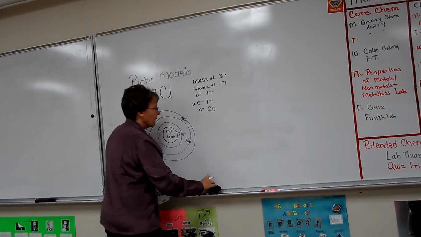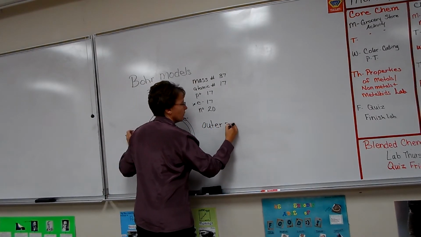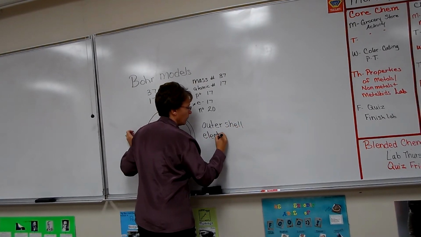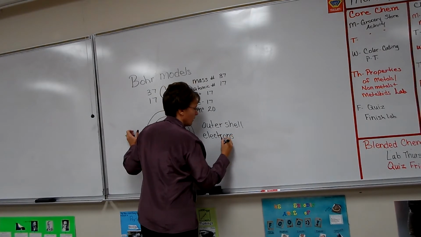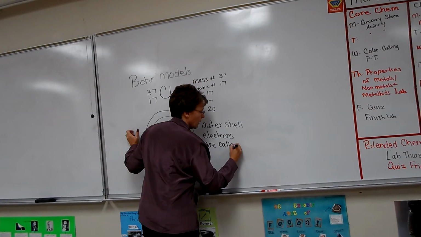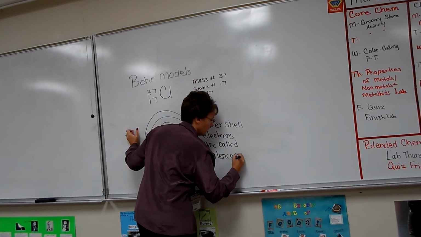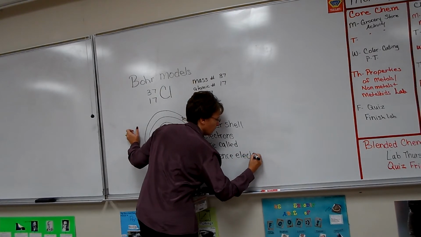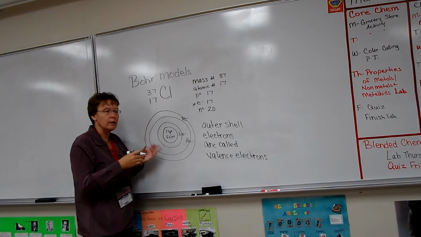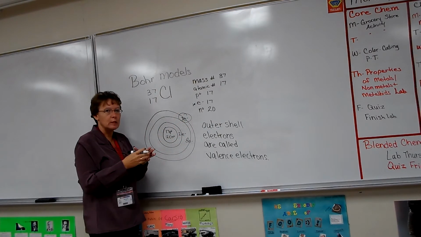One more thing, these electrons in the outer ring have a special name. They're called valence electrons. And as we get on into the next couple of units, we're going to find out that these electrons are really special.